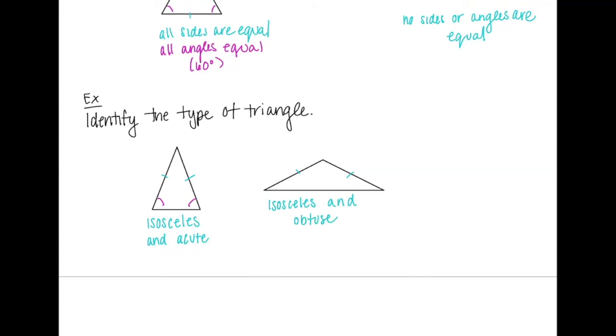And finally, if I have this picture, and I just know that this angle is 90 degrees, but no sides are the same otherwise, this is right and scalene.